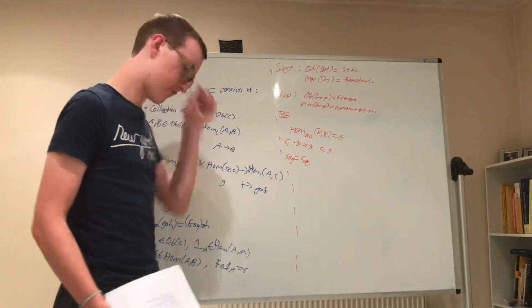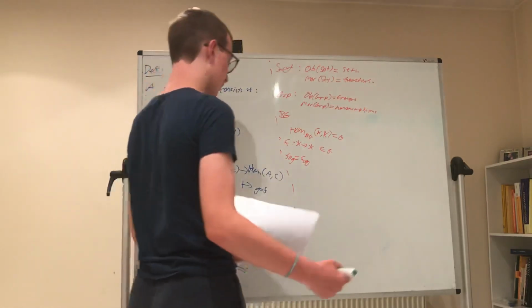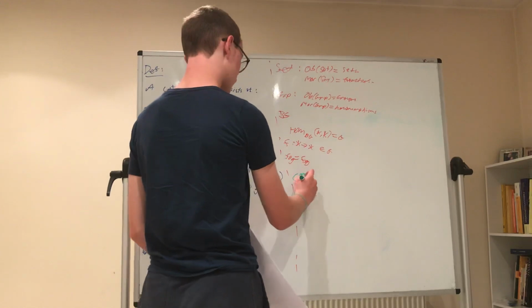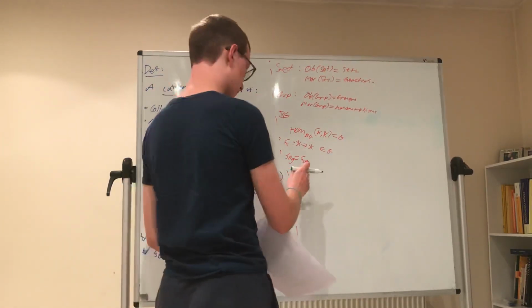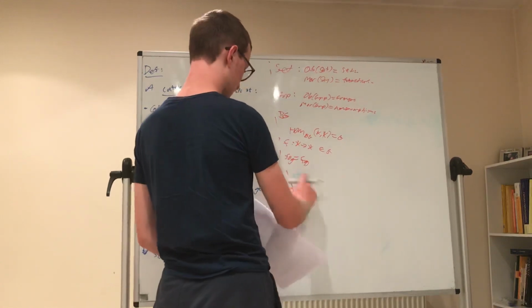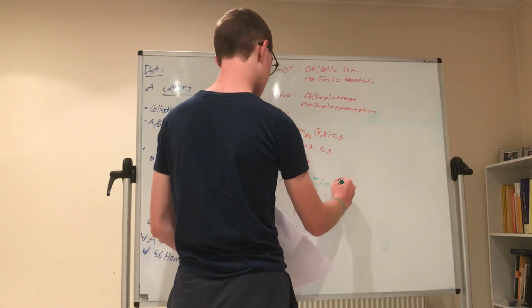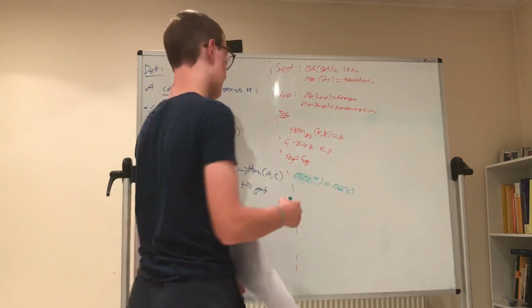Also an interesting definition which might pop up here and there is the definition of an opposite category. Given some category C, C op has the same objects. So the objects of C op are precisely the objects of C. All it does is reverse the arrows.